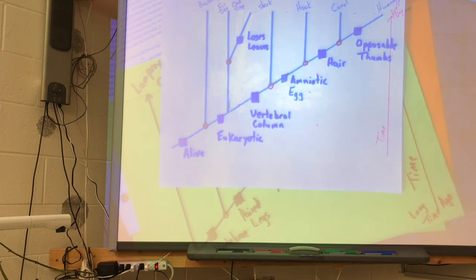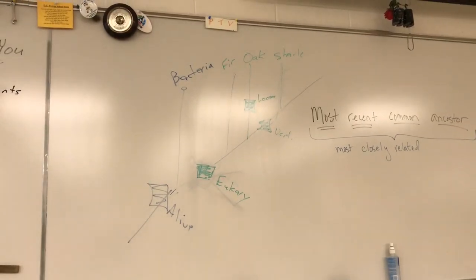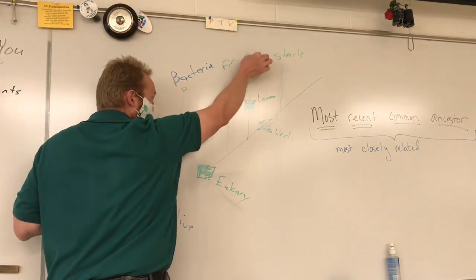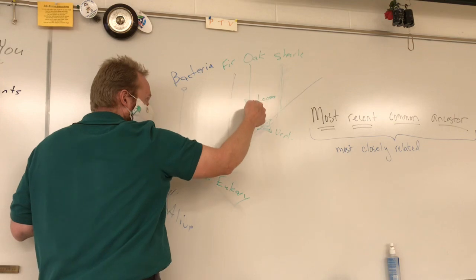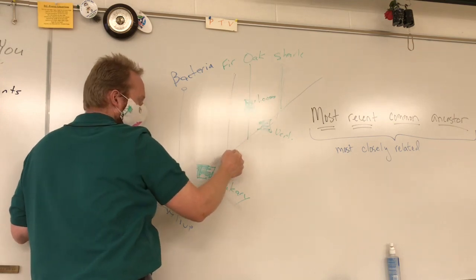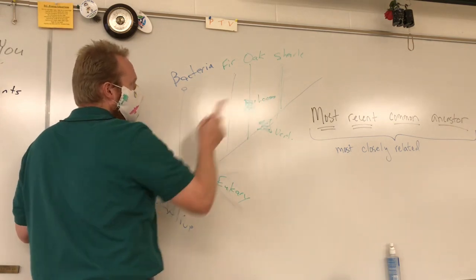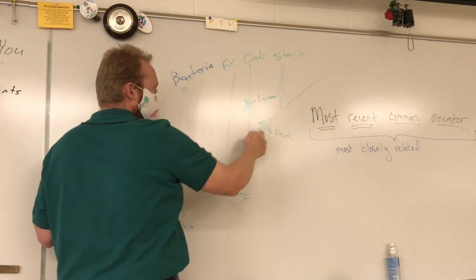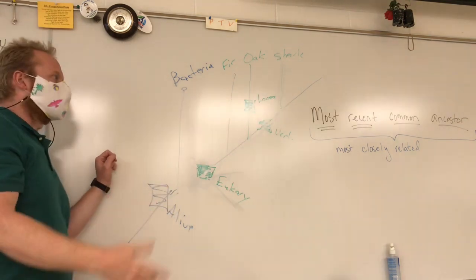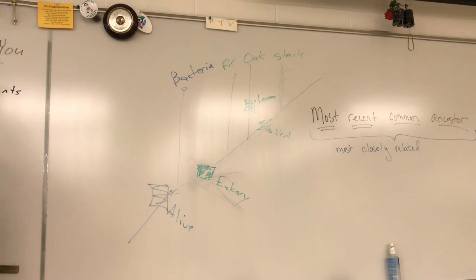The other thing you could have done is that. And by putting that branch for oak tree here, using my marble analogy, it will go through "loses leaves" and eukaryotic and alive. But when I drop the marble down the shark, it doesn't lose leaves, right? So that works too as a branch off the fir tree.